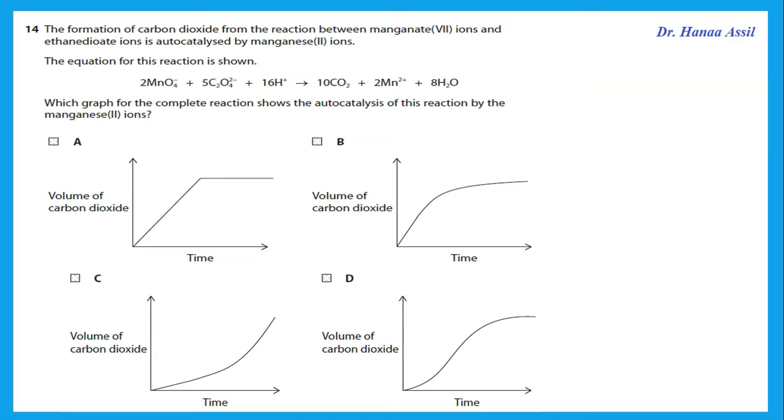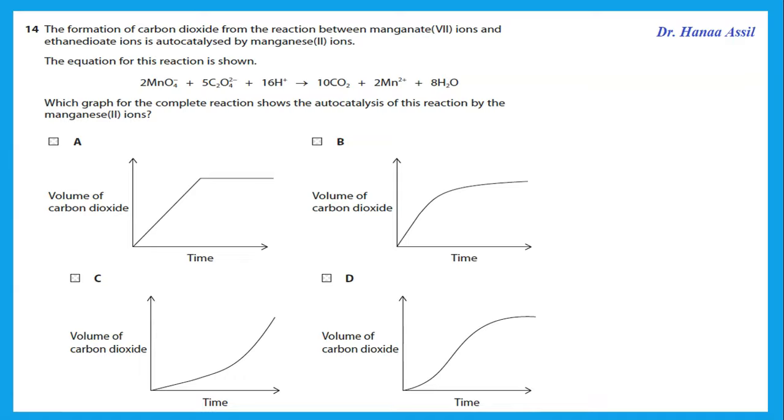The formation of carbon dioxide from the reaction between manganate ions and ethanedioate ions is autocatalyzed by manganese ions. Which graph for the complete reaction shows the autocatalysis of this reaction by the manganese(II) ions? We said this is an example of autocatalysis in which the reactants are both negatively charged, so they're less likely to collide because they will repel each other.